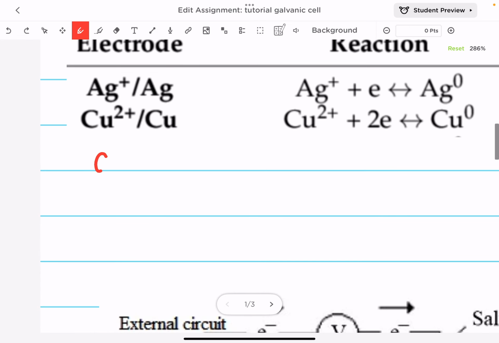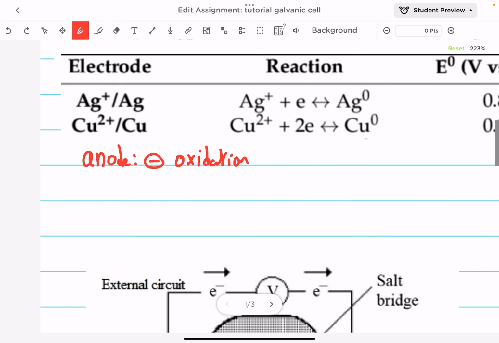So, as a result, the anode is the negative electrode. It's where oxidation takes place. It is a loss of electrons. The metal loses electrons. Let me write here.